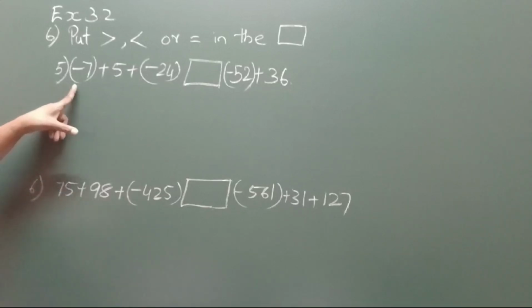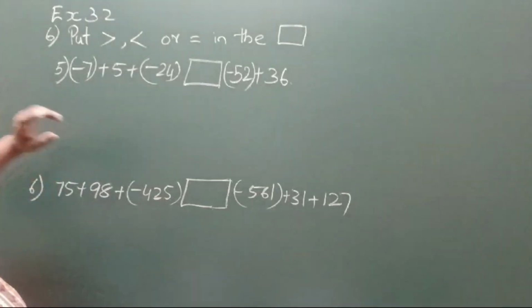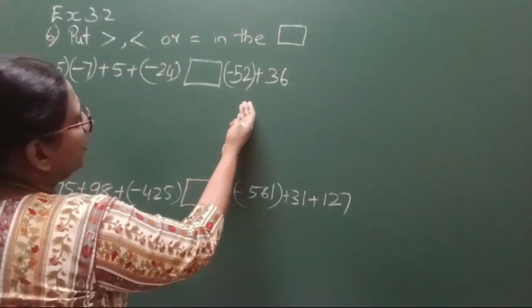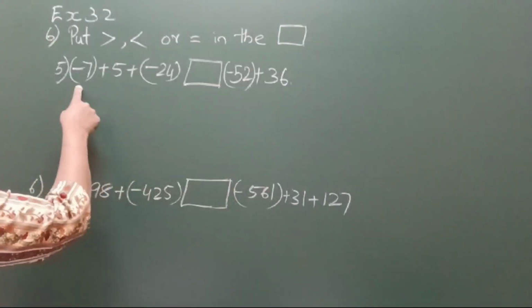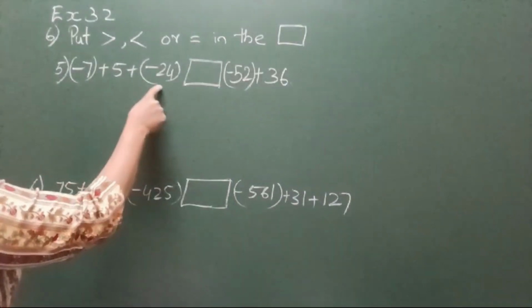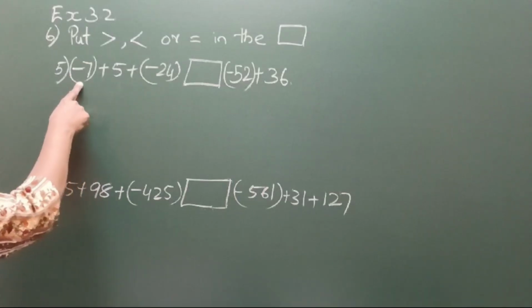Our next question is minus 7 plus 5 plus minus 24. This side, and this side minus 52 plus 36. Let's solve this first. We'll add these two negative integers, 24 plus 7. What is our answer? It is 31.